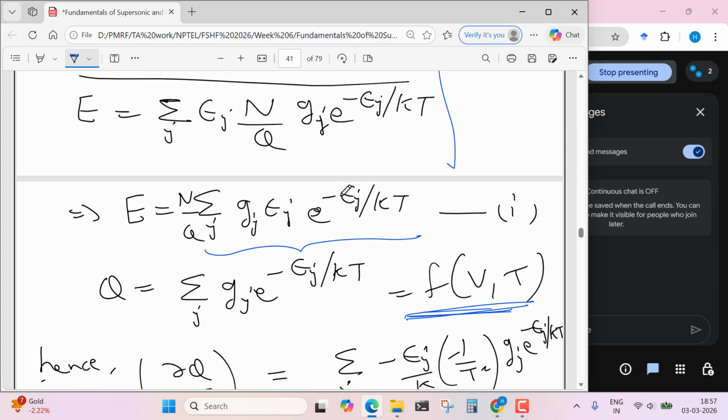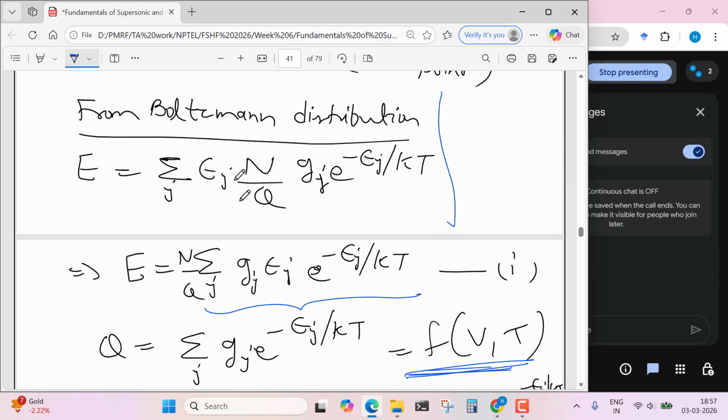So this n and n upon q is constant. This you can take it out. So we will get E equal to n upon q sigma j gj epsilon j e to the power minus epsilon j upon kT.